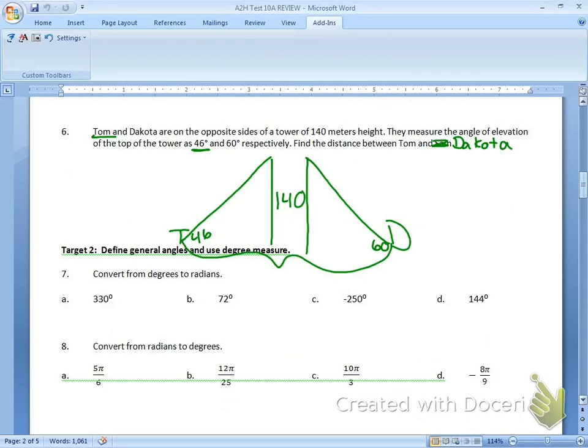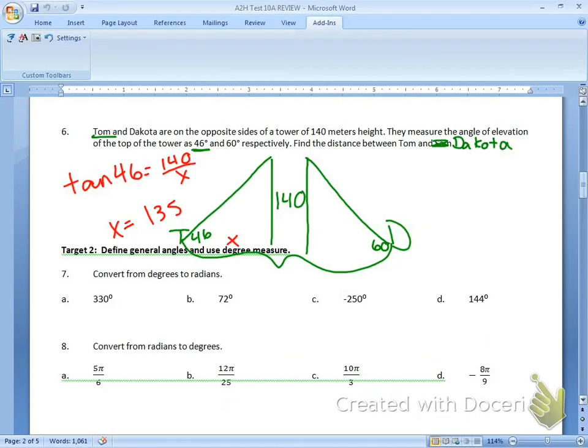All right, so we need to use a trig function here to find Tom's distance away from the tower. We're going to use the tangent. So tangent of 46 equals 140 over x. So we get x to be 135.2 feet.